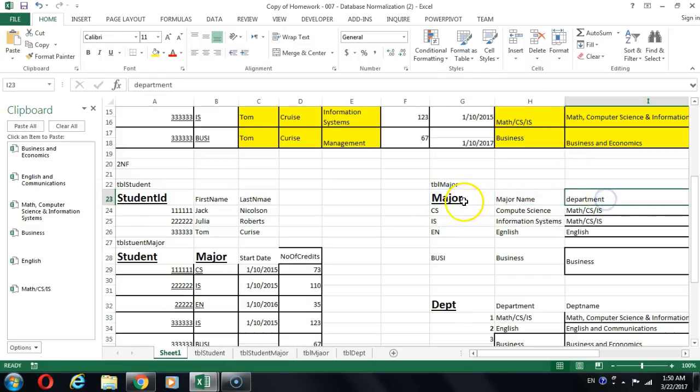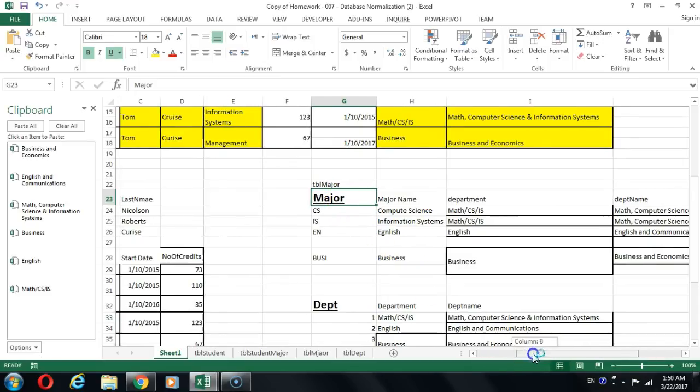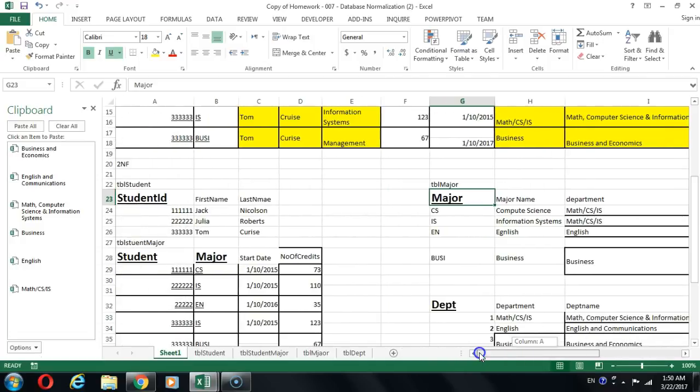The department is dependent on the major, and also the department name is dependent on the major, but in the partial dependency discussion here, there is another type of dependency, we'll get to it. Notice that the start date is dependent on both student's ID and the major. Here we need to have student's ID, of course, to make sense out of this.